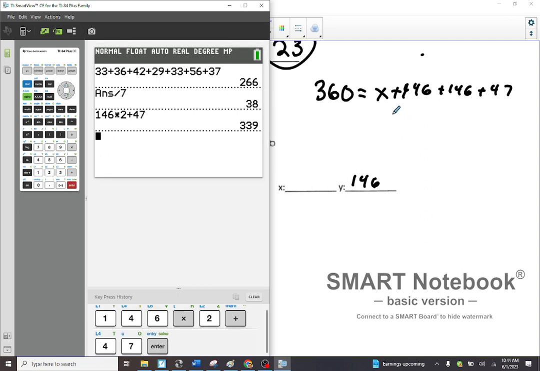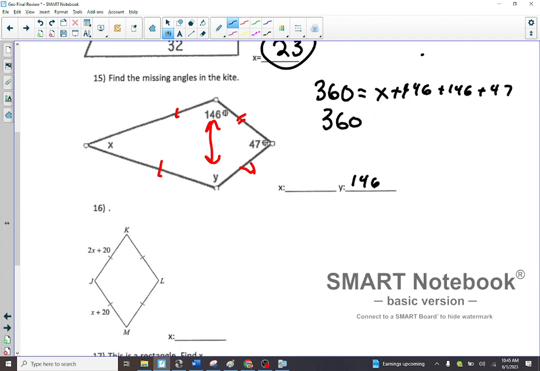That's going to add up to 339. So 360 equals x plus 339. Subtract 339 on both sides. Your answer is 21. So this is 21.